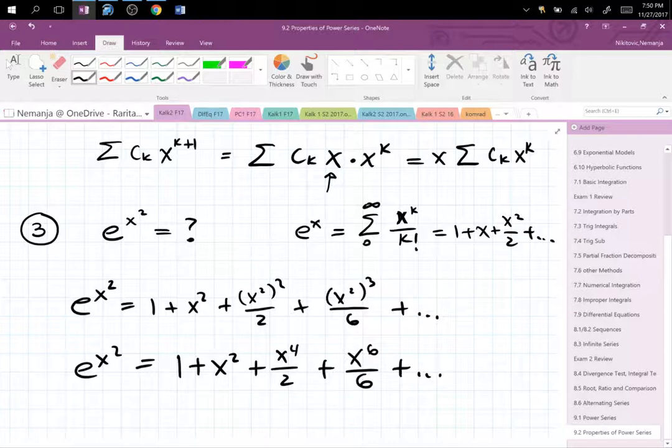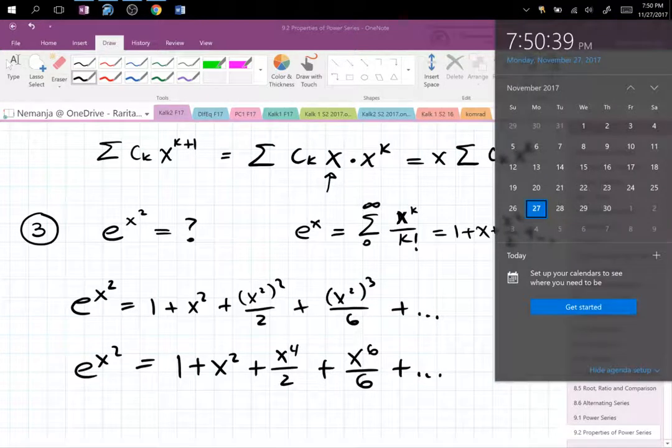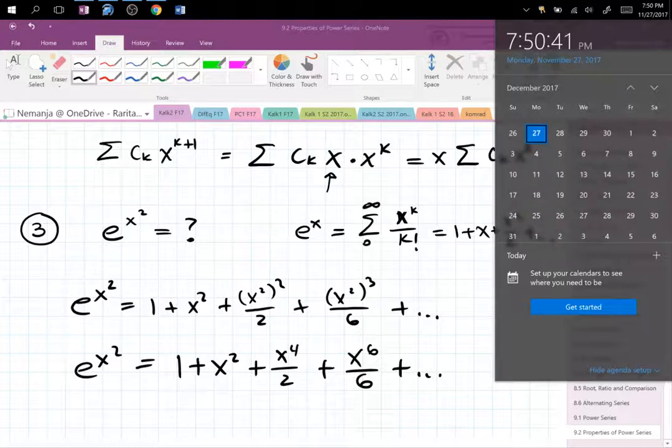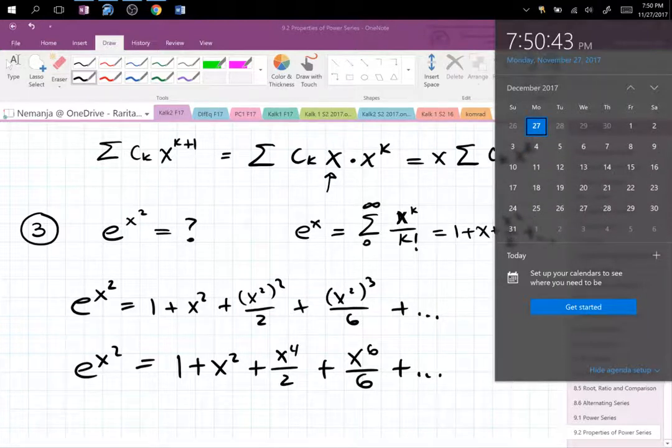Wednesday, we are going to finish chapter 9, and then by what you guys voted, we are having exam 3, fortunately, on Wednesday the following week, which is Wednesday of what? December 6th.